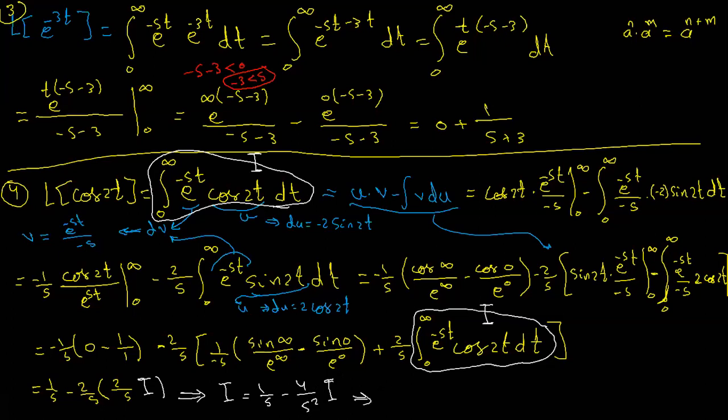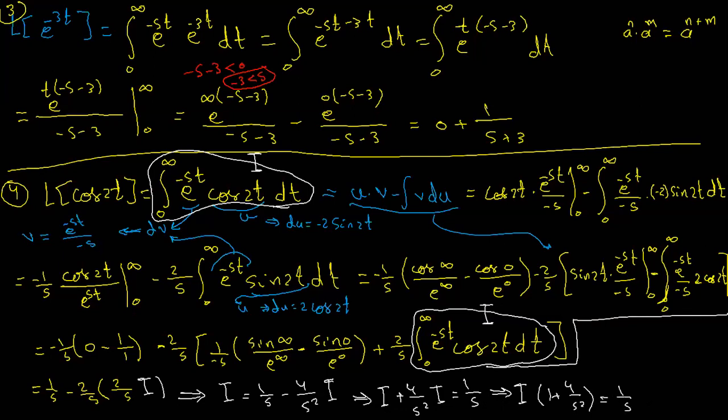So I will get I plus 4 over s squared I equals 1 over s. Now what I'm going to do now is take I as a common factor first of all. So I have I times 1 plus 4 over s squared equals 1 over s.